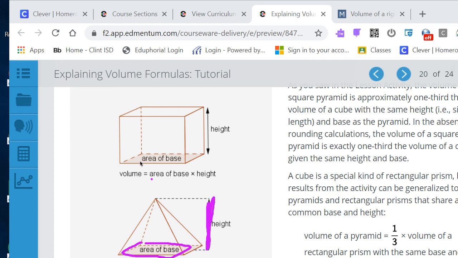The only difference, the area of the base times the height, is that the volume of the pyramid is just going to be 1/3 of the volume of the cube. So let's erase this so that we can move on. We're almost done.